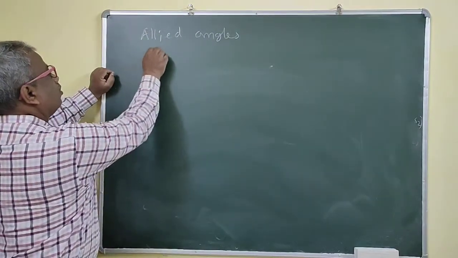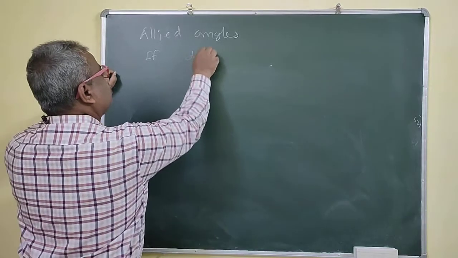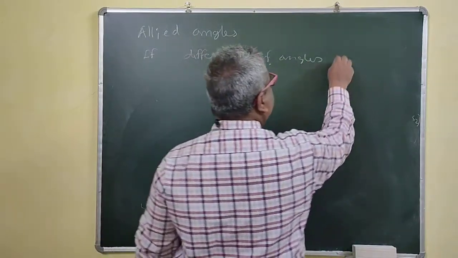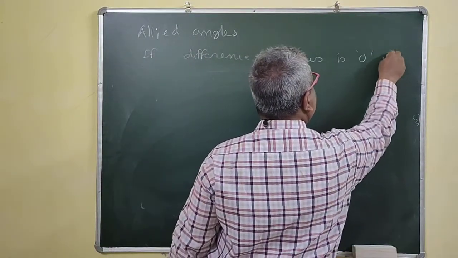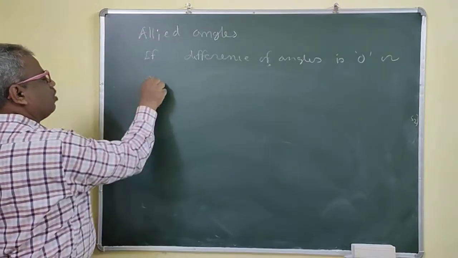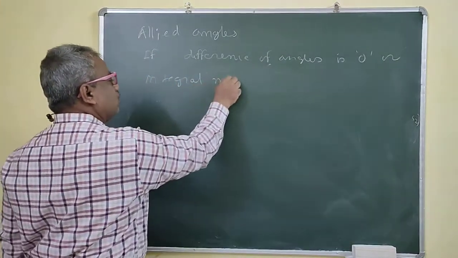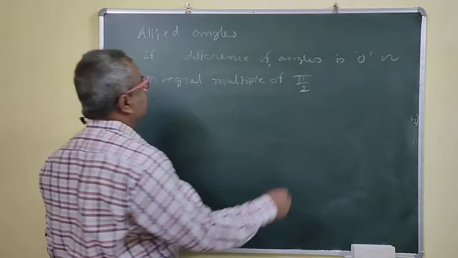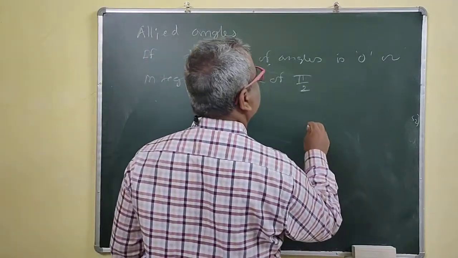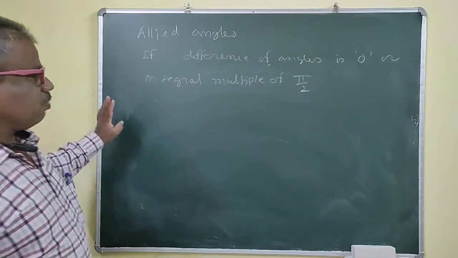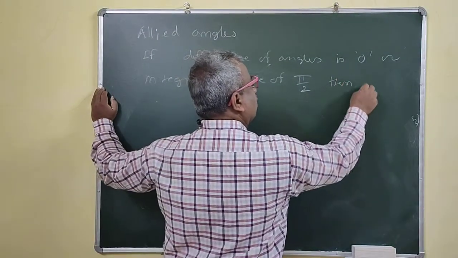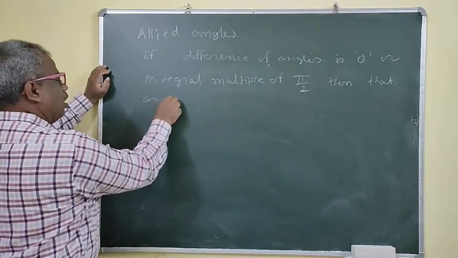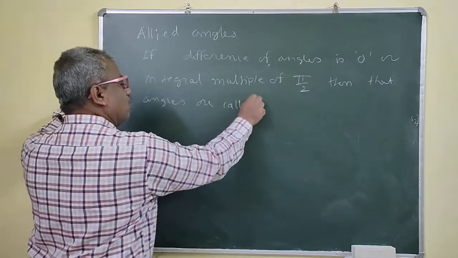If the difference of the angles is zero or an integral multiple of pi by 2, then those angles are called allied angles.